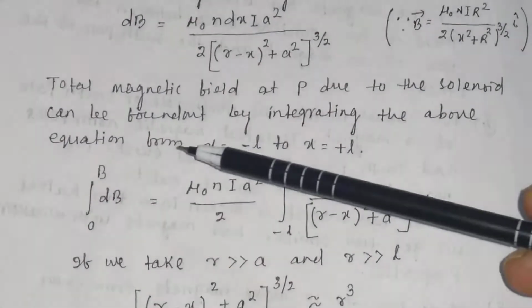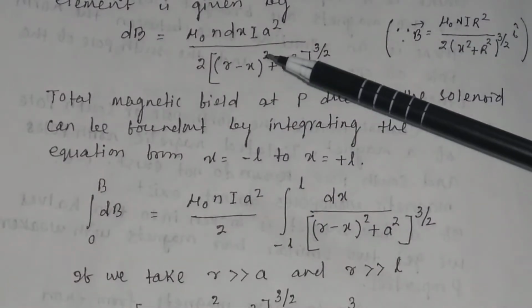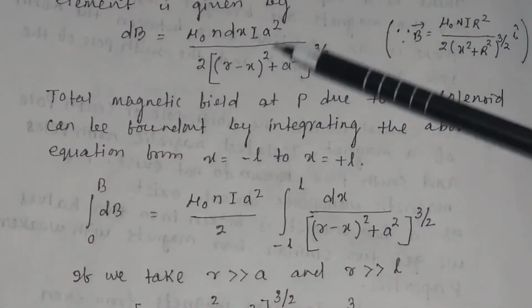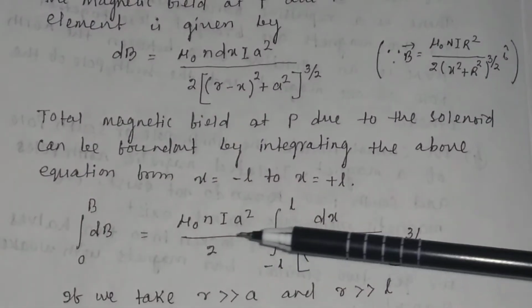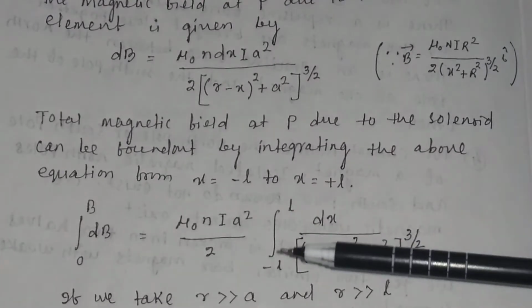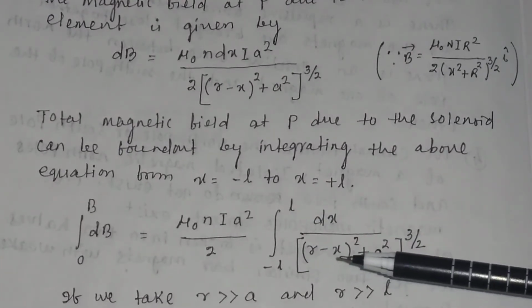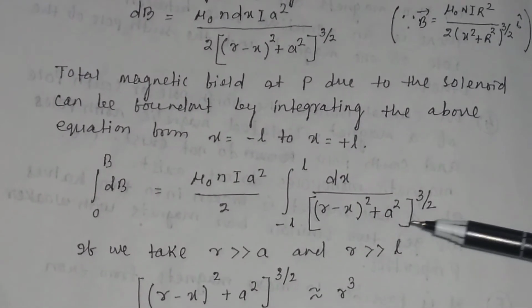So integrating the left hand side dB from 0 to B and integrating the right hand side, you take mu 0 n I a square, they are constant outside, 2 is also constant, you take it outside. So integration from minus L to L dx divided by r minus x whole square plus a square to the power 3/2.